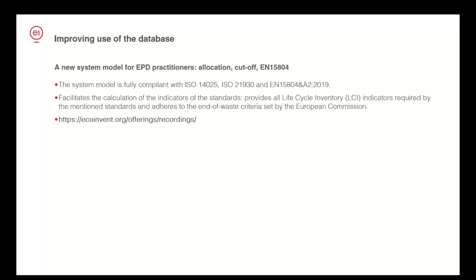So it complies with all the standards, and it harmonizes and facilitates the calculation of the indicators of the standards. It will provide all life cycle inventory indicators, or LCI indicators, required by the standards, and it also adheres to the end of waste criteria set by the European Commission.